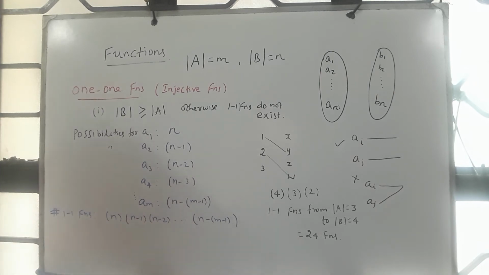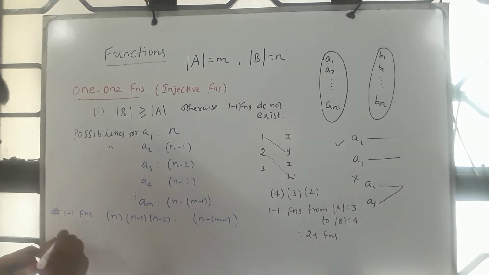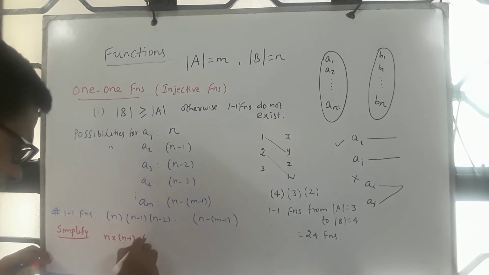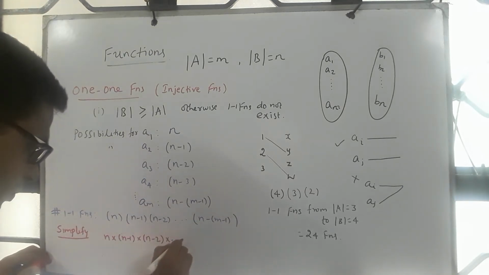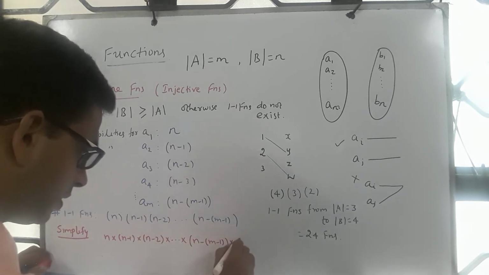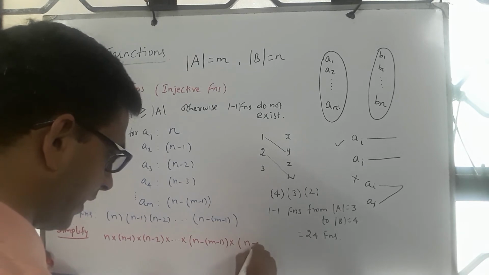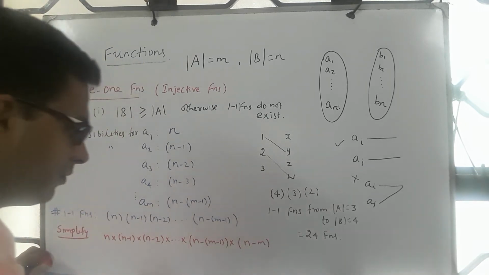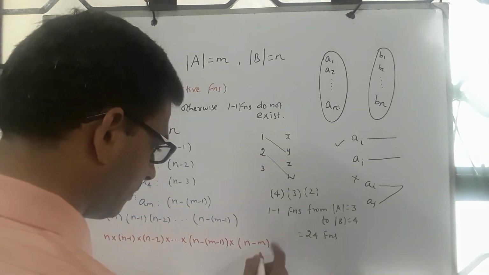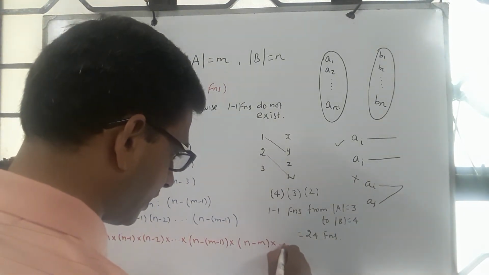This we can simplify further. So n into n minus 1 into n minus 2, and so on up to n minus this. The next element is n minus m, and 1, 2, 3, m minus 1, n minus m, then n minus m plus 1, like that it happens.